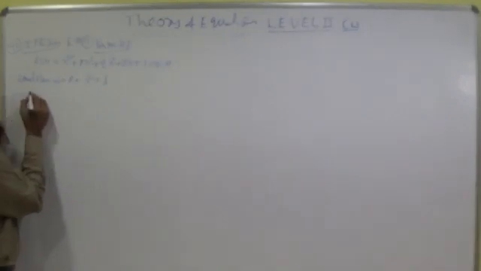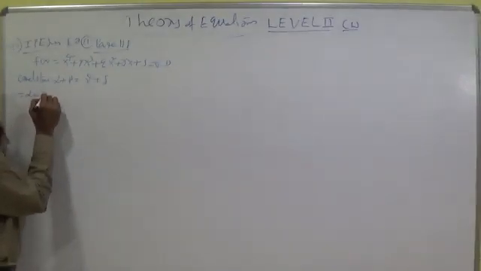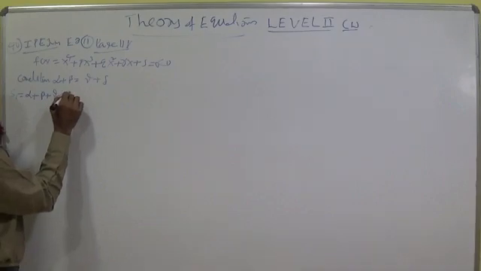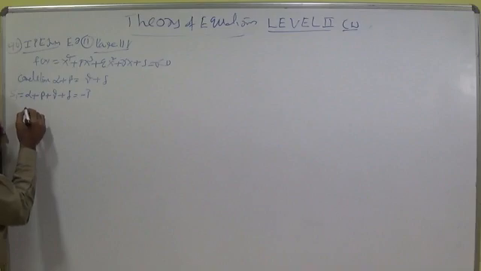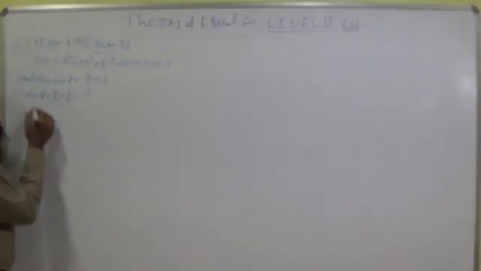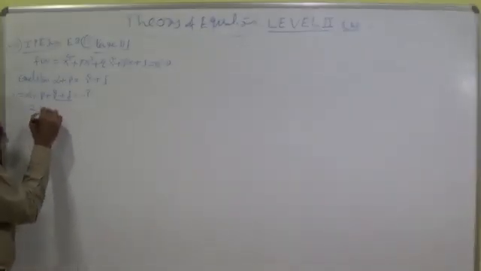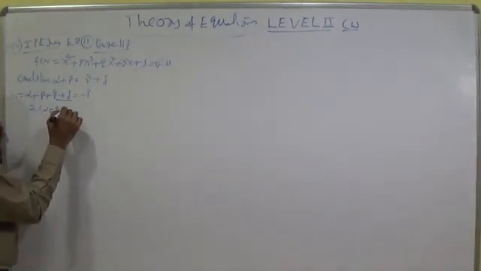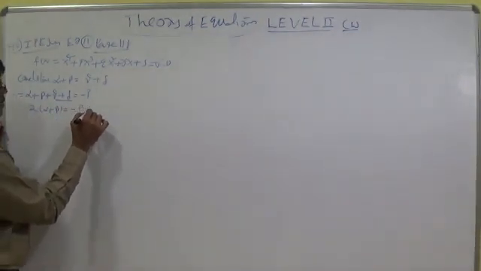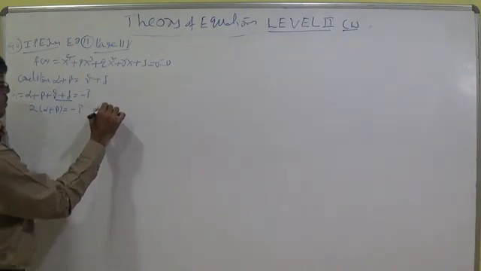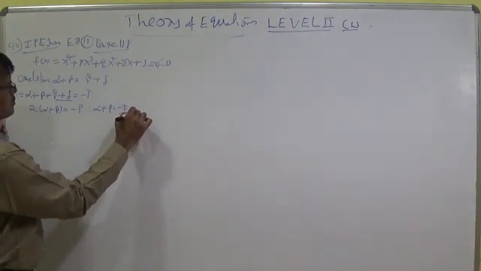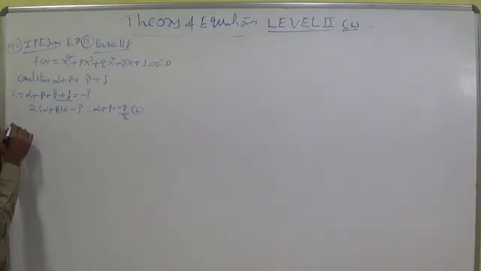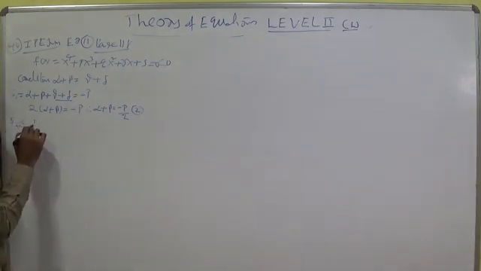Write S1 is equal to alpha plus beta plus gamma plus delta is equal to minus P. Since gamma plus delta is equal to alpha plus beta, you can write 2 into alpha plus beta is equal to minus P. Using that, alpha plus beta is equal to minus P by 2. Put 2.